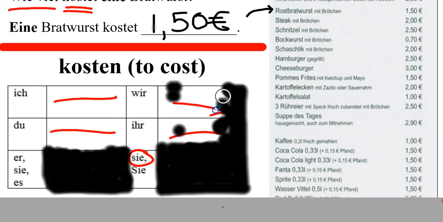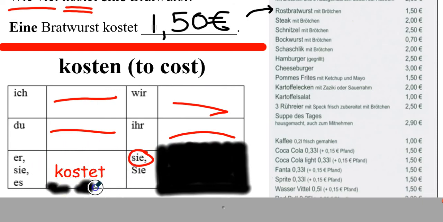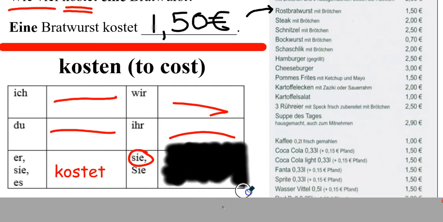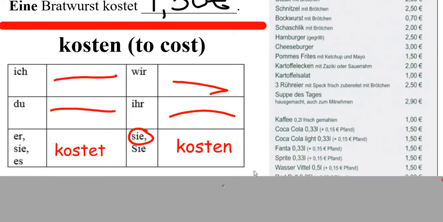So the only two things you really need to consider and worry about are the he, she, it. So a Bratwurst kostet, or if you have something that's plural, so like die Bananen, the bananas, kosten. So those would be the two for the verb kosten that you should know.